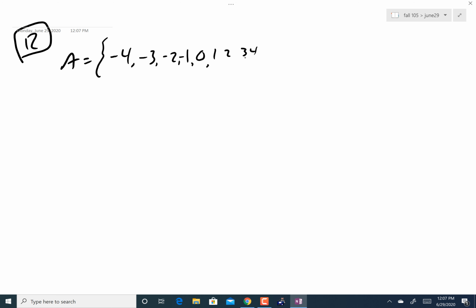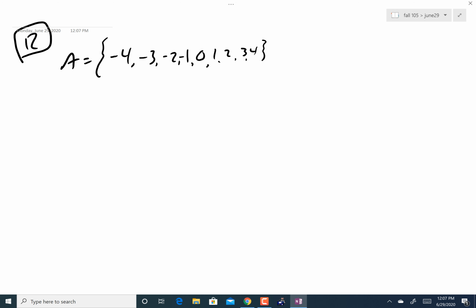Okay. Let's do this one here. This sounds like a fun one to me. Cool. All right. So also we need to list out all of the possible equivalence class relations with this guy. So number 12. This is on page 475. So A is equal to the integers between -4 and +4. Okay.